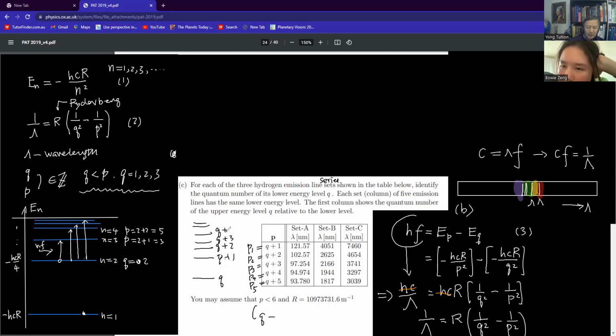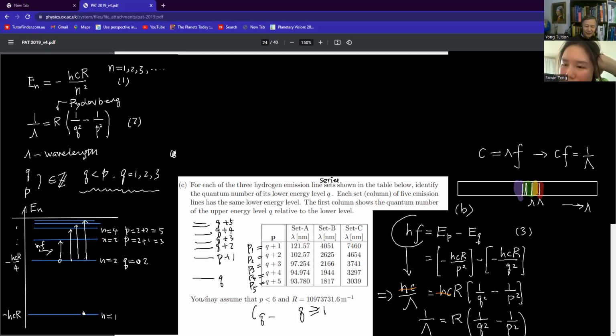The way they're asking is a little bit strange. P is less than 6. What is the range of Q? Now we have a constraint. First of all, Q must be equal to or larger than 1. We cannot choose Q less than 1. So in this case, what is Q? It's not possible. This is a very strange question.